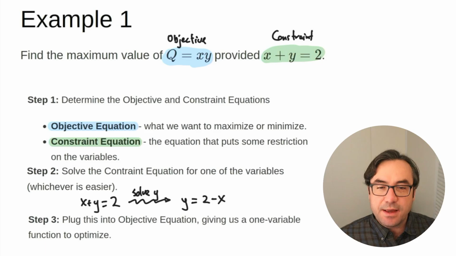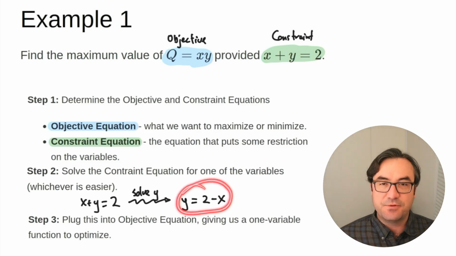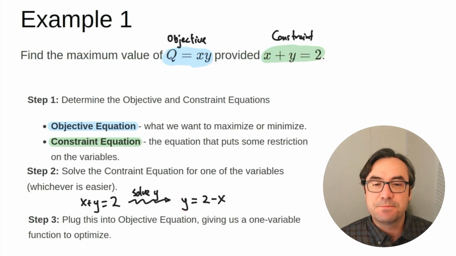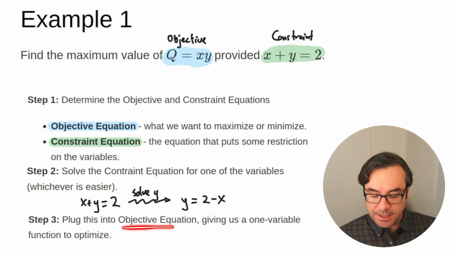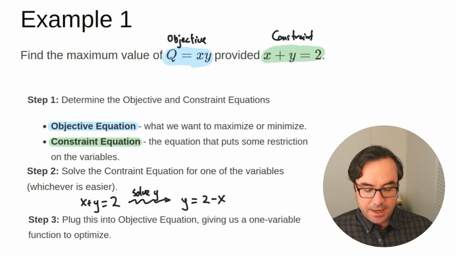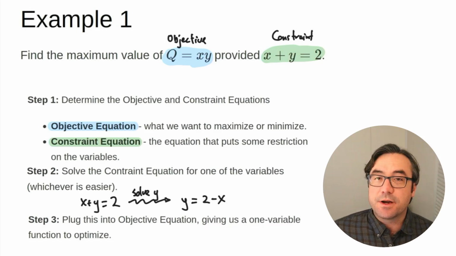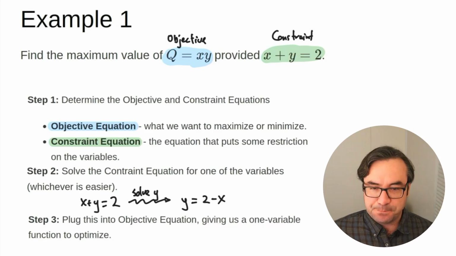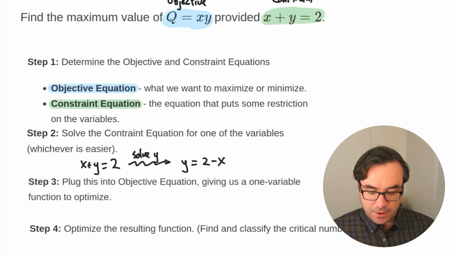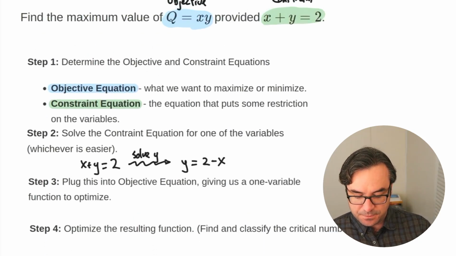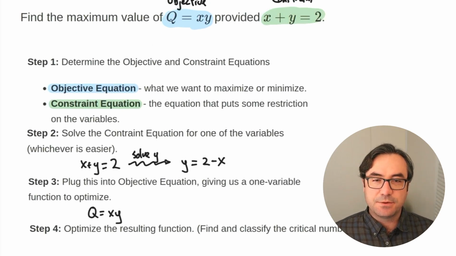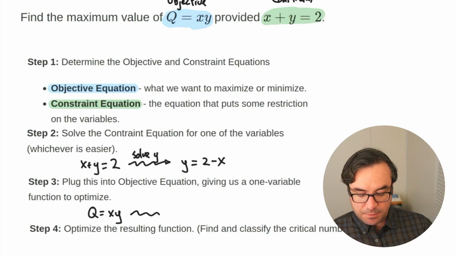So step 3 then is we're going to take this value for y that we just found, and plug it into our objective. This is going to give us a one-variable function that we can optimize. So our objective is q equal to x times y. That was our objective, and we're going to plug in that constraint.